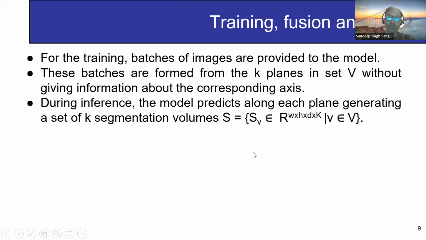Now, this formula represents the number of segmented outputs. We have 6 different segmented outputs from different slices, so this v value will vary from 1 to 6, s1 to s6. S stands for segment. Here the output size will be w cross h cross d cross k, where d is the depth and k is the number of classes.